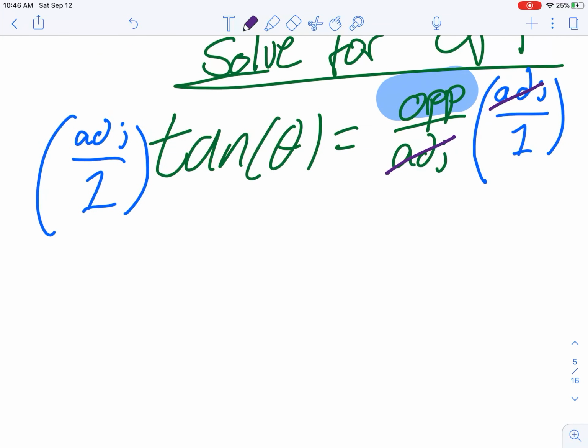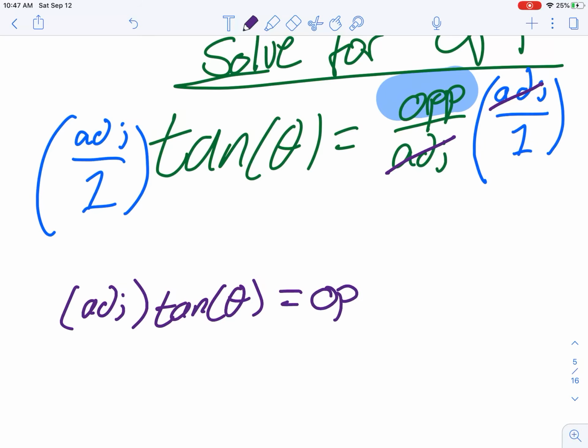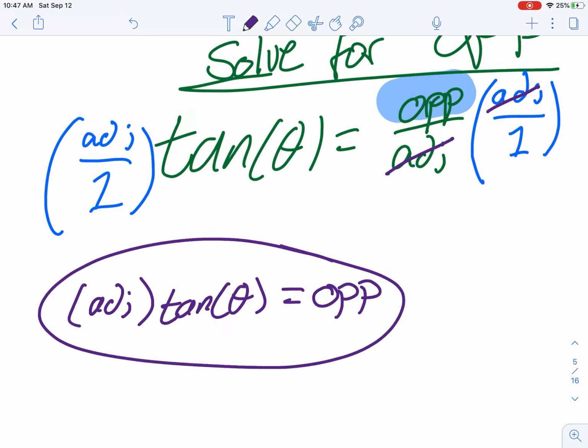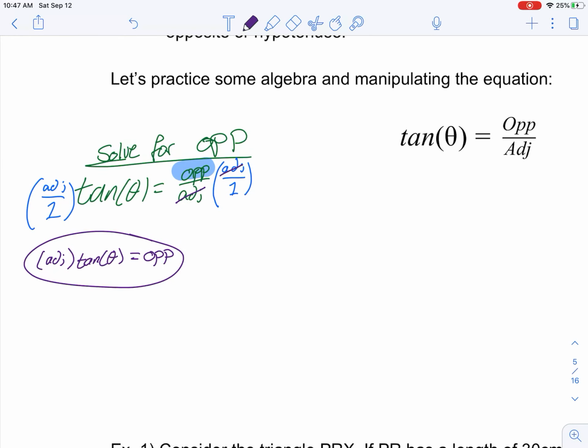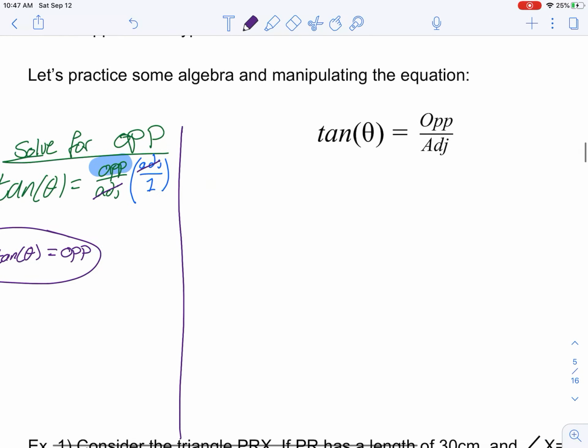And then on this side, you get adjacent multiplying tan. And then again, you're dividing by 1, but remember, anytime you divide by 1, it just stays the same. So you can write this other side now as adjacent multiplied by tan angle equals the opposite leg. So there's us solving for the opposite side. Okay, so you need to know how to show and do that.